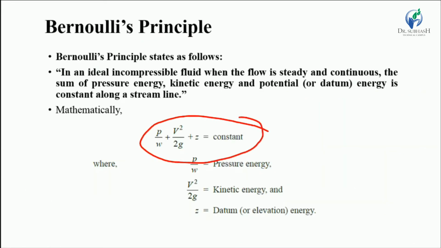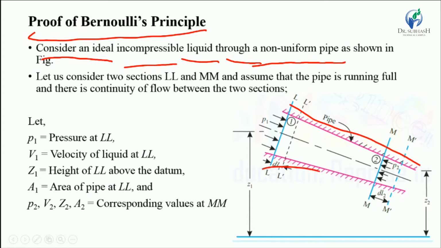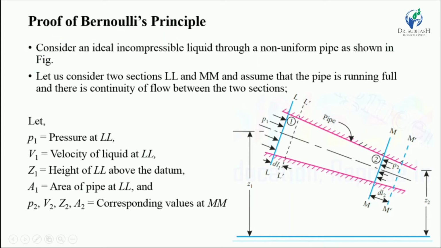This equation we prove now. Consider the ideal incompressible liquid flowing through a non-uniform pipe as shown in the figure. The cross section of the pipe is not uniform. Now consider two sections, LL and MM, on the pipe, and the flow is continuous.